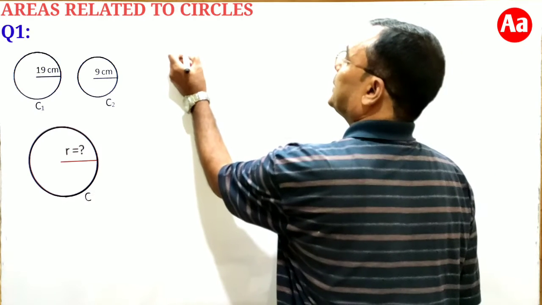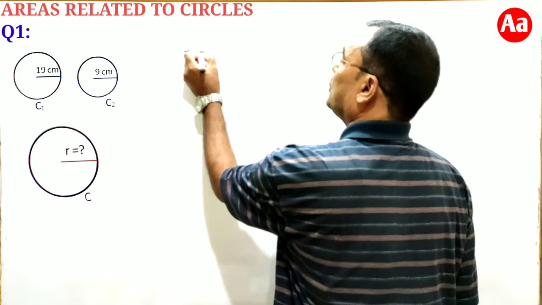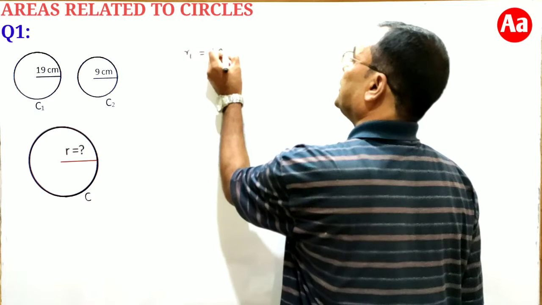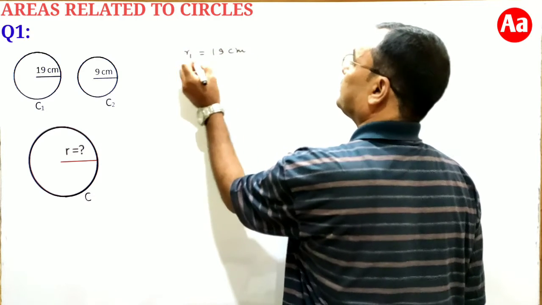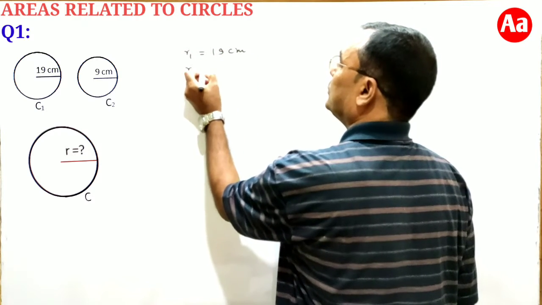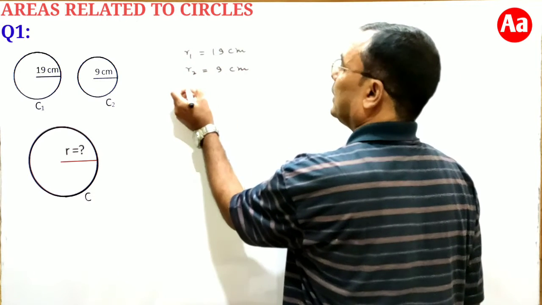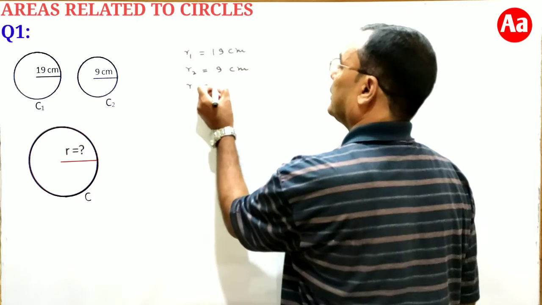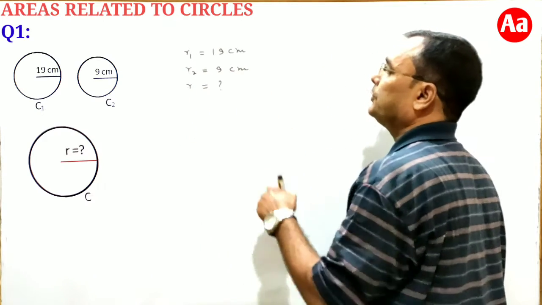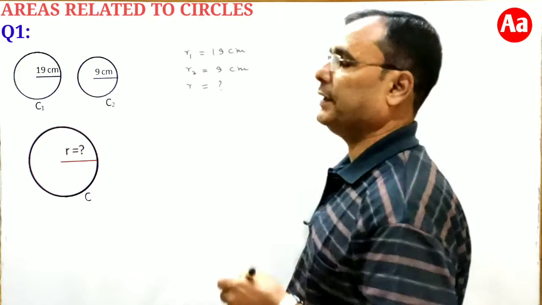Then we can write r1 equal to 19 centimeter, r2 equal to 9 centimeter, and r, radius of the new circle, we have to find out.